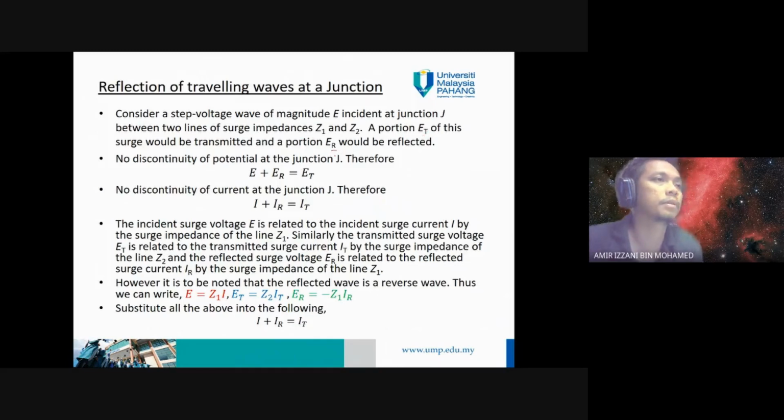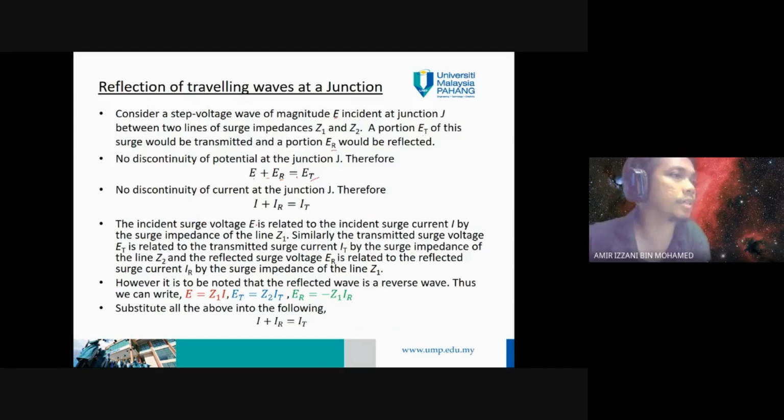Note the continuity of potential at junction J. Therefore E plus ER equals ET. Now for the continuity of current at junction J, I plus IR equals IT.